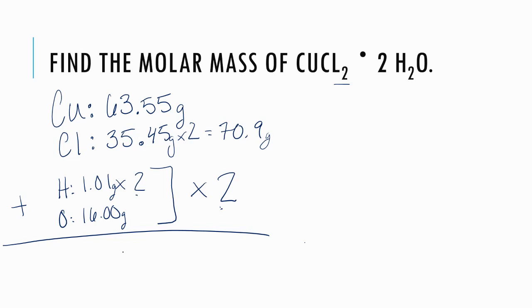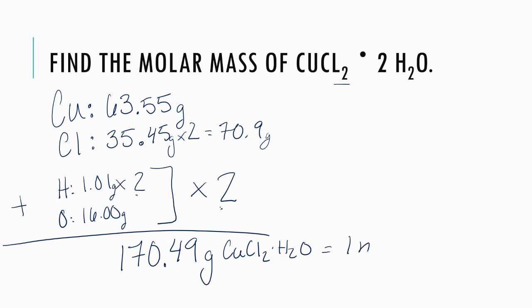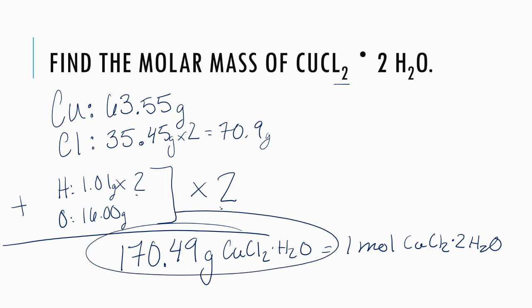That is going to give me a total mass of 170.49 grams of copper 2 chloride dihydrate in every 1 mole of copper 2 chloride dihydrate. Okay, this ultimately is your answer. All right, thanks for watching.